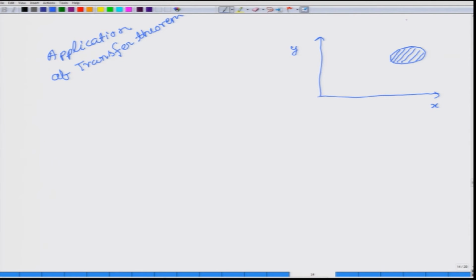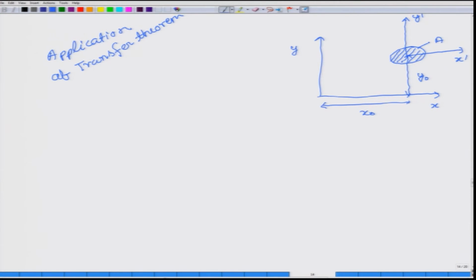So, transfer theorem says that if we have another set of axes which is x prime, y prime, and these axes are going from the centroid of this area. This is our area. So, this point is the centroid of this area.